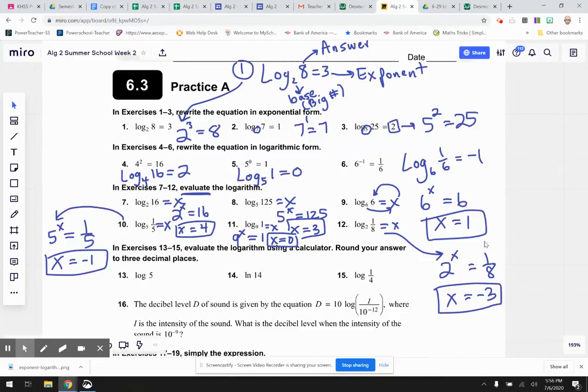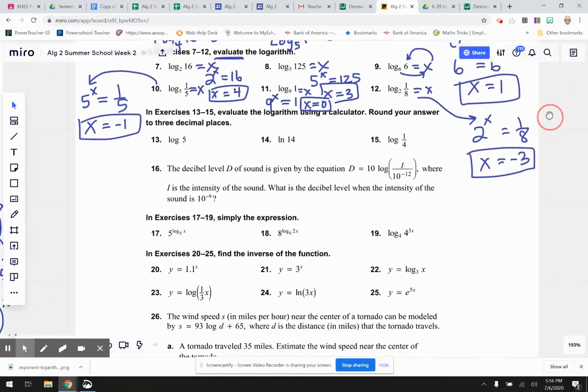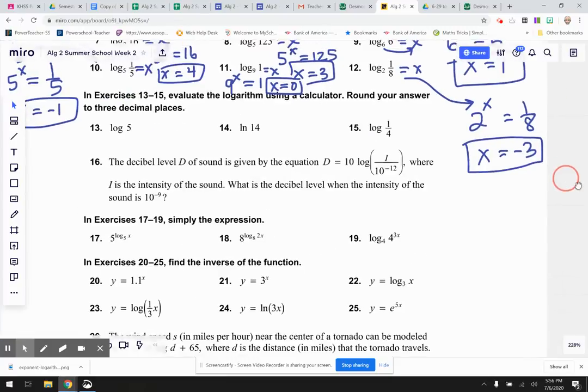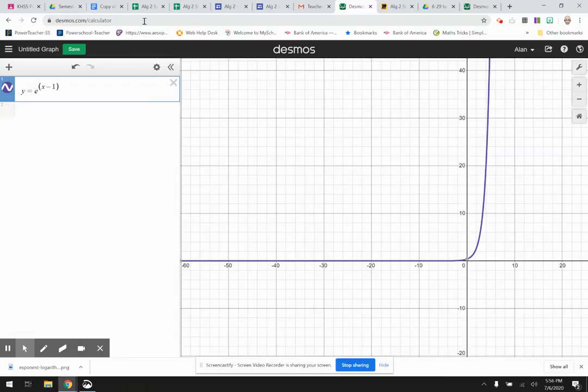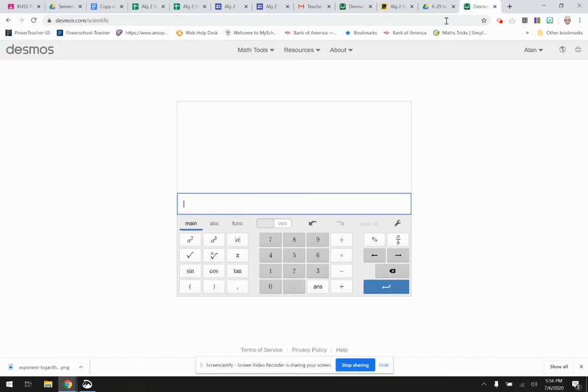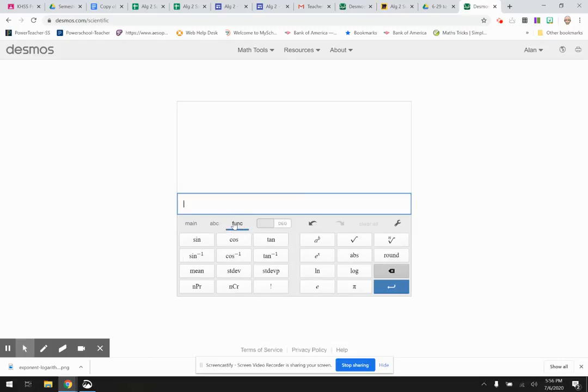All right, the next ones are just asking us to evaluate using a calculator. So let me zoom in a little bit. Let me go to desmos.com/scientific calculator. That would be this one right there, /scientific. If you hit the function button, you get logs. So we want to go to log of 5.